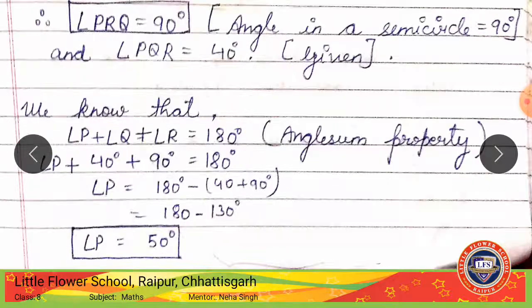So applying the angle sum property, P plus Q plus R will be 180, right? P value we don't know, Q plus R is 40 plus 90, which is 130. Angle P equals 180 minus 130, so angle P is now 50 degree.